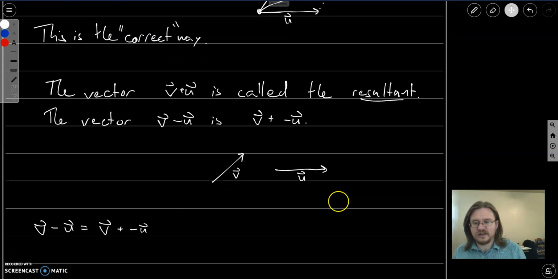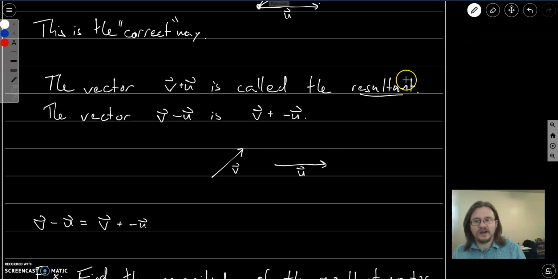So let's do another quick example where we're going to subtract vectors instead. So again, when I take v minus u, this is going to be the same thing as v plus negative u. In the same way that if I'm taking 15 minus 8, it's the same thing as 15 plus negative 8.